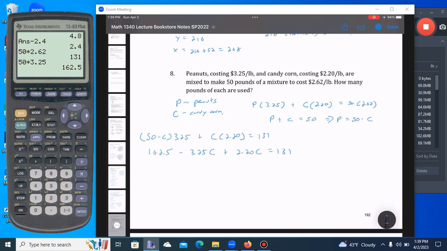So we're going to combine the C's. So we'll get a negative value, minus 1.05C equals 131. Subtract over the 162.5, so we actually have a negative value on that side as well. 131 minus the 162.5 is a negative 31.5.